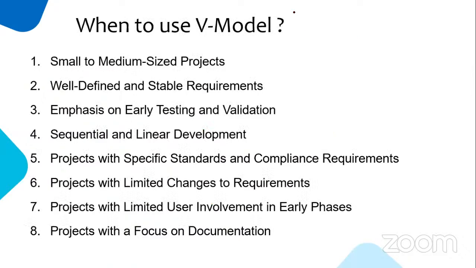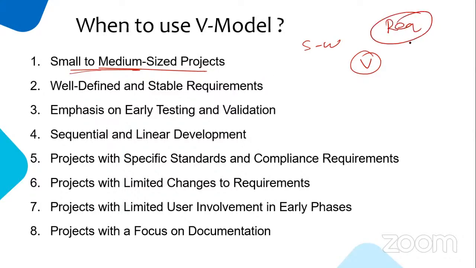When can we use the V model? If it is between small to medium. Actually, for small size projects waterfall came. Now we can go till medium with the help of the V model. Mostly all the IT companies are involved with medium size projects only. And you can start this project when the requirement is clear, well-defined and stable, with emphasis on early testing and validation.